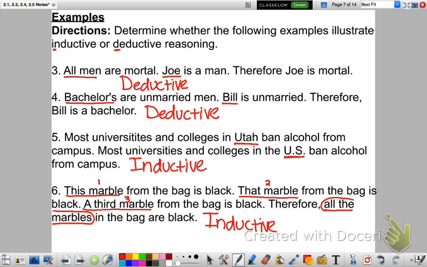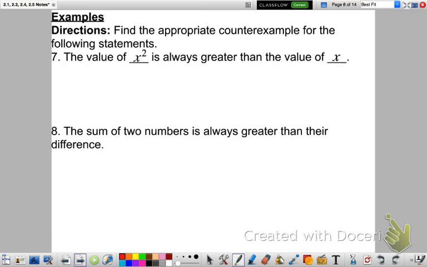Okay, so let's look at counterexamples. A counterexample is just one example that proves our statement false. Number 7 says that x squared is greater than x. We want to prove this false.